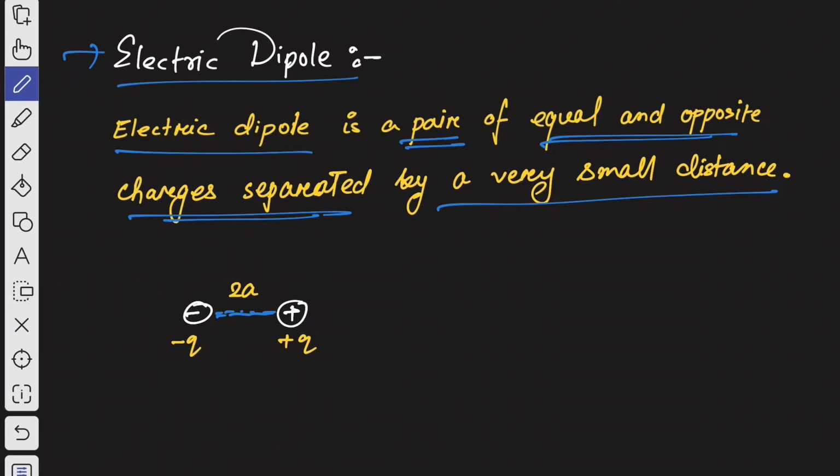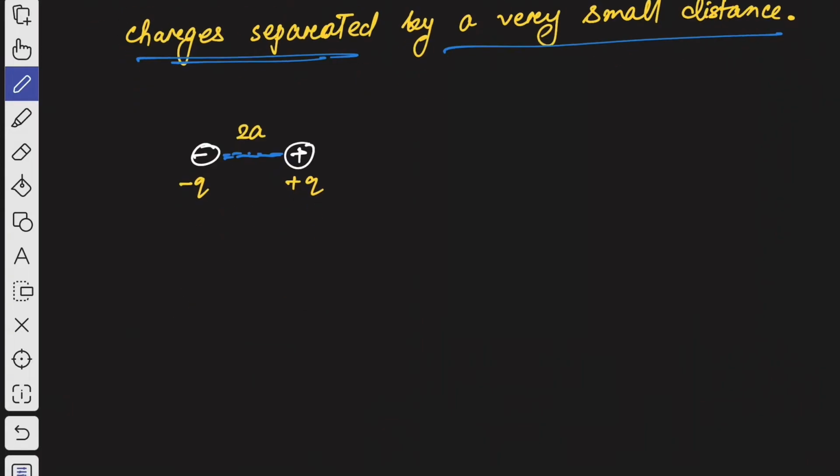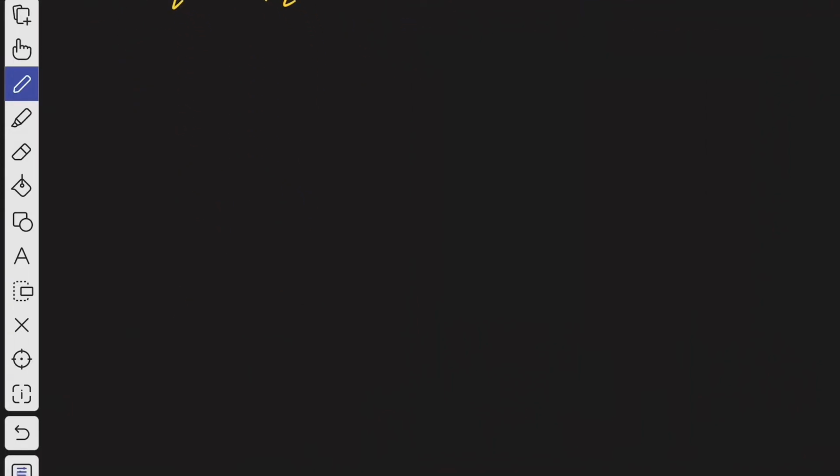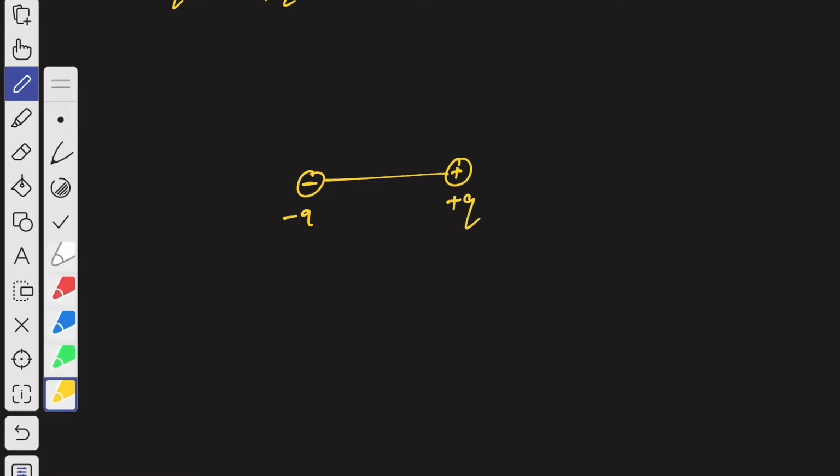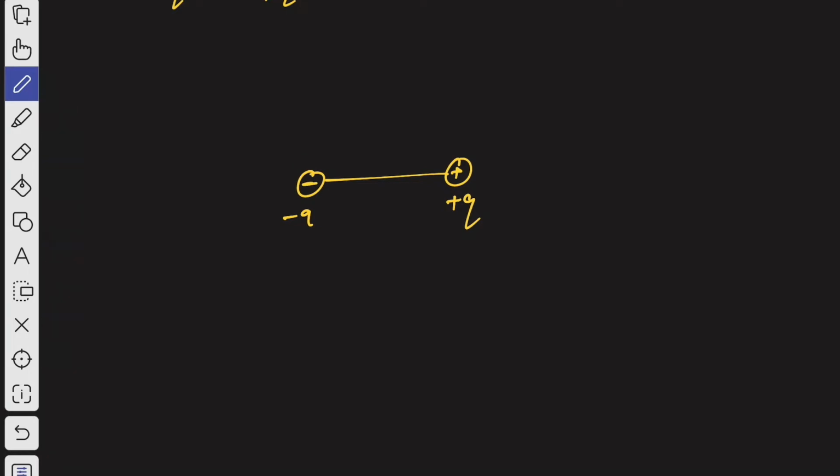Now what do you mean by the electric dipole moment? Suppose this is the negative charge minus q, and this is the positive charge q, and the distance between these two charges is twice a.